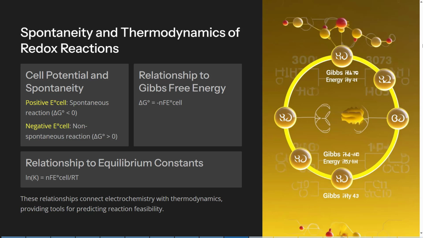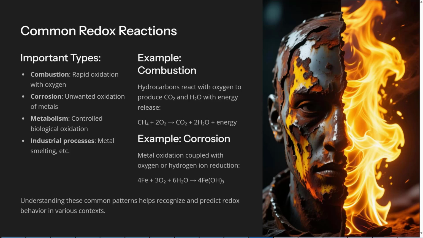Please note that in this expression, the G stands for Gibbs free energy. And note that the degree sign indicates standard conditions: 25 degrees Celsius, 1 mole concentration, and 1 atmospheric pressure.